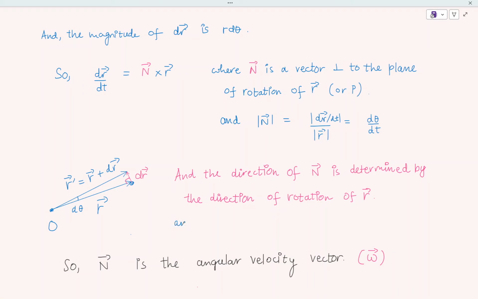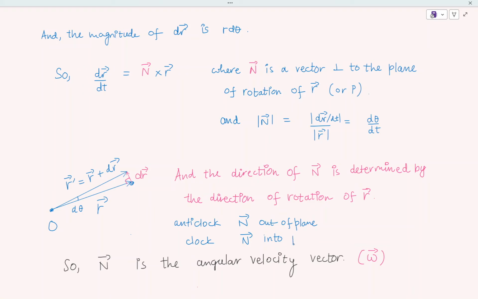So anti-clockwise rotation is n is out of the plane, and clockwise rotation is n is into the plane.